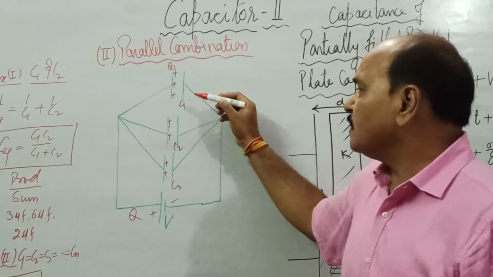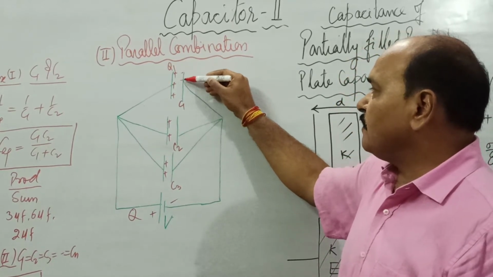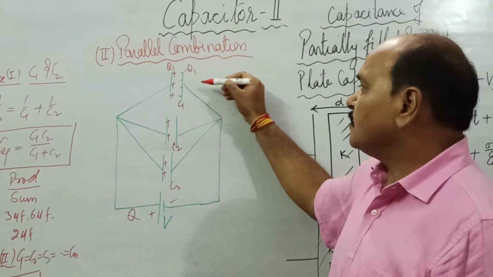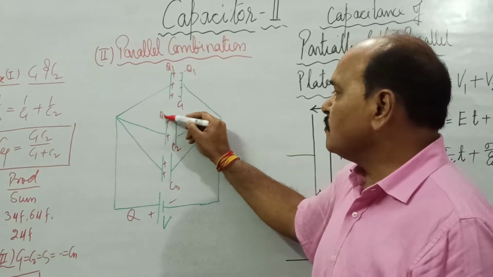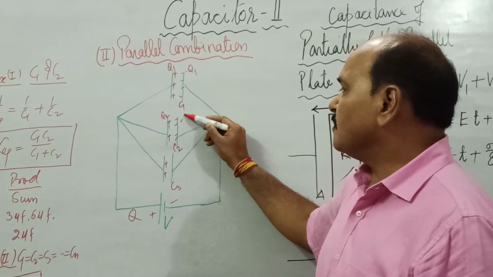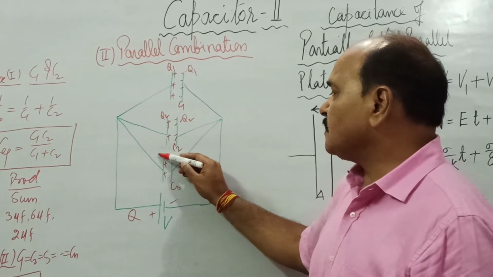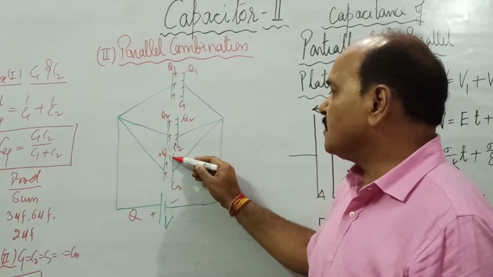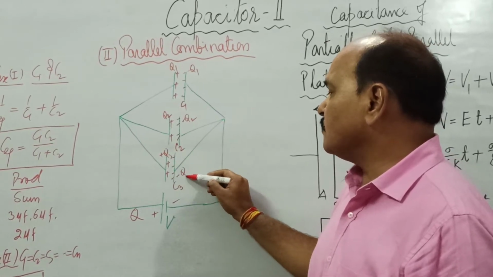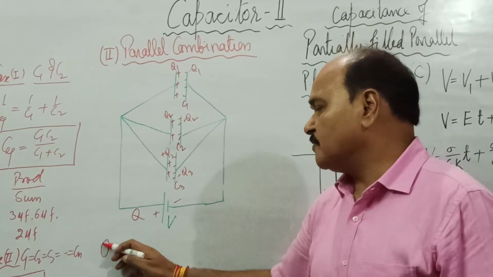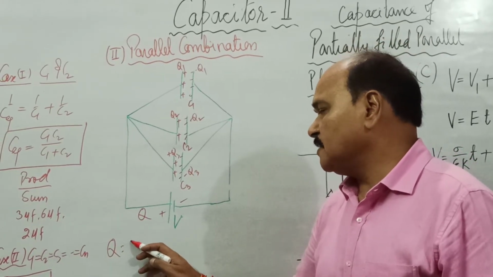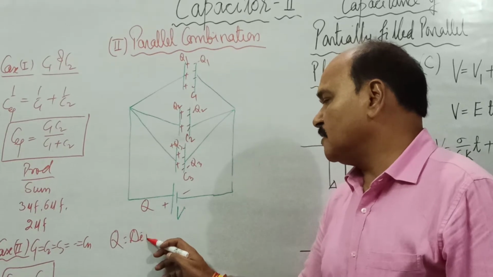This will have Q1. If it is Q1, then this plate will have how much charge? Minus Q1. If this plate has charge Q2, then this plate will have how much charge? Minus Q2. If this plate has charge plus Q3, then this plate will have how much charge? Minus Q3. So charge Q, which is drawn from the battery, is divided or distributed.